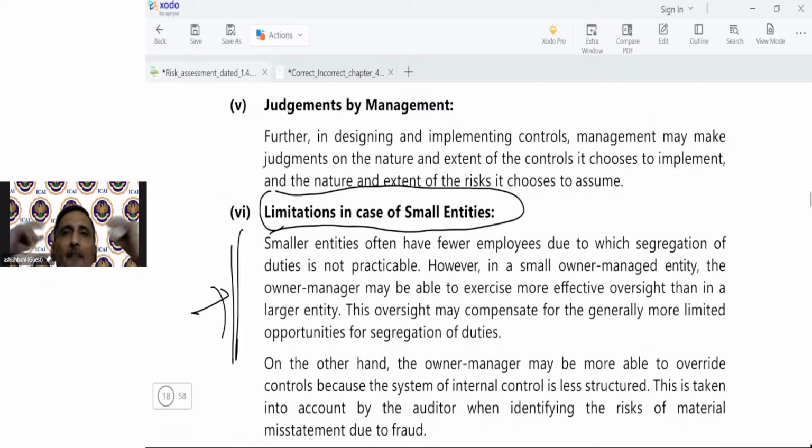Say if a small partnership firm is there, having a turnover of 25 crore, then how can you compare it with a company which has a turnover of, say, 1500 crores? You cannot. The control systems in the company with 1500 crores would be formal, institutionalized, structured.